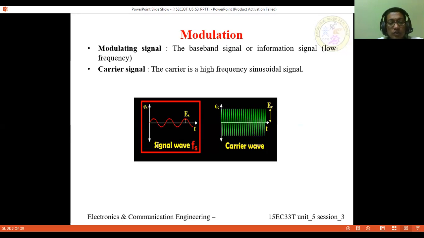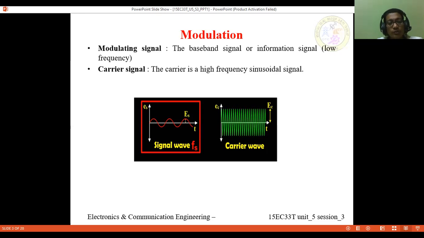We cannot transmit using only the original signal over a long distance. So we need to superimpose that original signal, or modulating signal, or information signal, with a carrier. The carrier is a high frequency signal, and we superimpose it with a message signal or baseband signal so that we can transmit the information over a long distance.